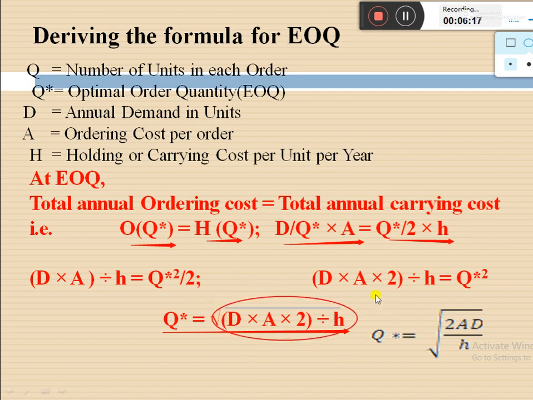That can be rewritten in this form. Q star, or economic order quantity, is equal to square root of 2 into ordering cost per order into number of units demanded in a particular year, divided by the carrying cost per unit per year.